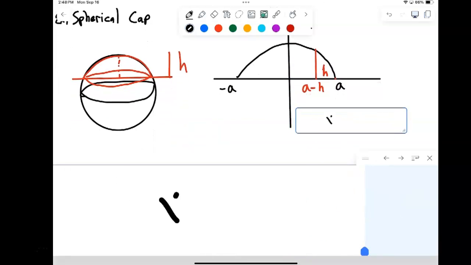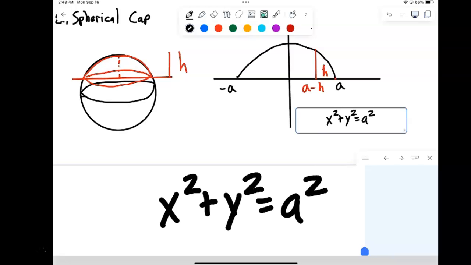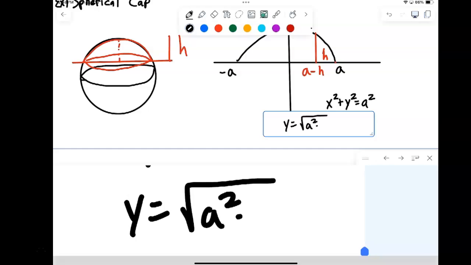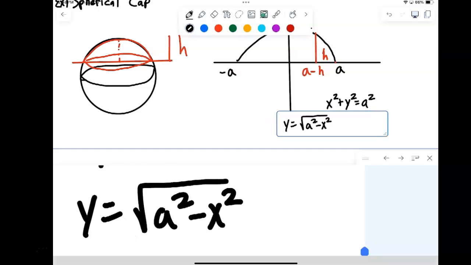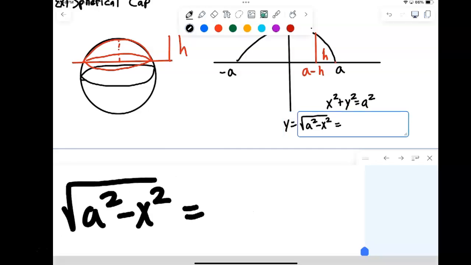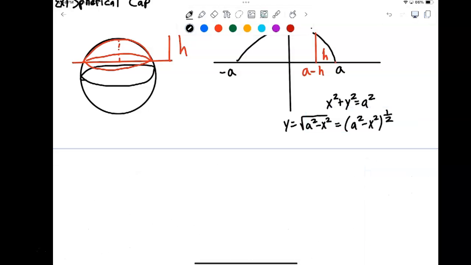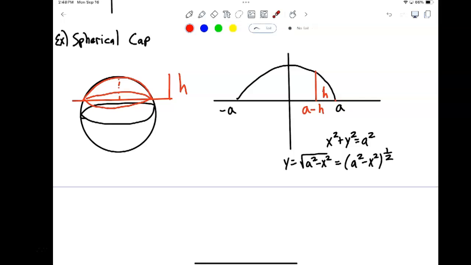So the equation originally would be x squared plus y squared equals a squared, so that y is equal to the square root of a squared minus x squared, or a squared minus x squared to the 1/2. That's going to be our function, and that will give this region when we do it from a minus h to a.